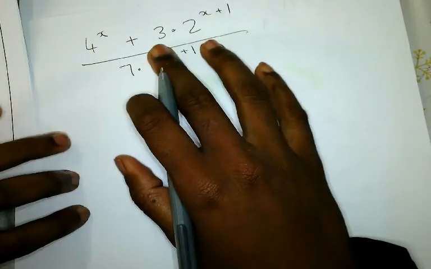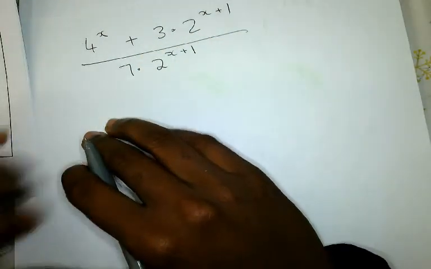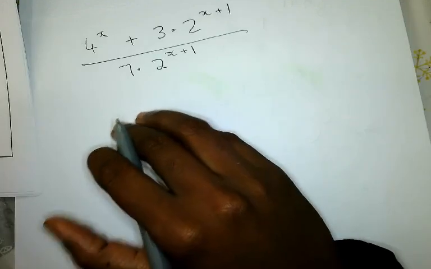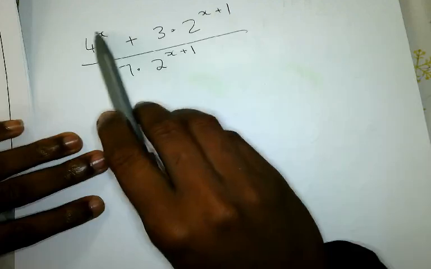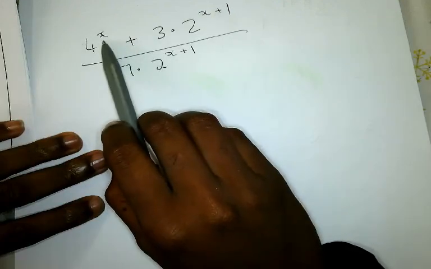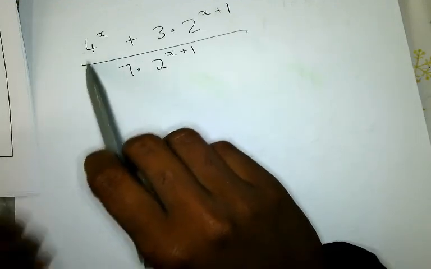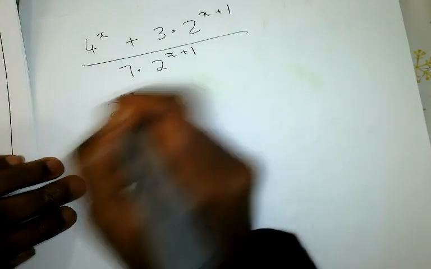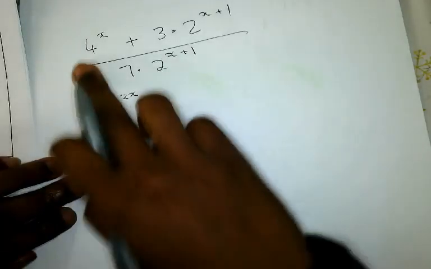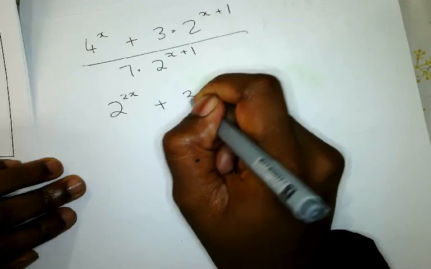We need to make sure, especially with this type of expression, the one with an exponent on top, that it is a prime base before we do anything. So I can just go ahead and write it as a prime base, and I know it's going to multiply with the x. Plus 3, 2x plus 1 over 7, 2x plus 1.